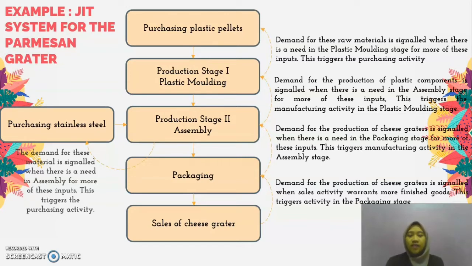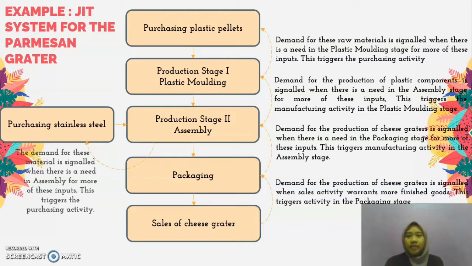This will trigger the activity in the packaging stage. At the packaging stage, the employee will need more input, or more cheese graters, to be packed or sealed into the box. So they will send a signal for more input to the assembly stage.